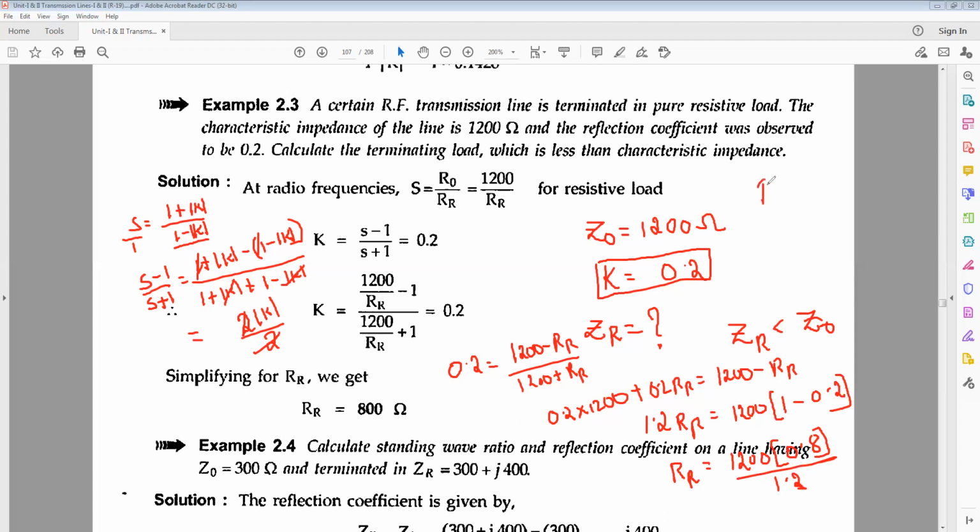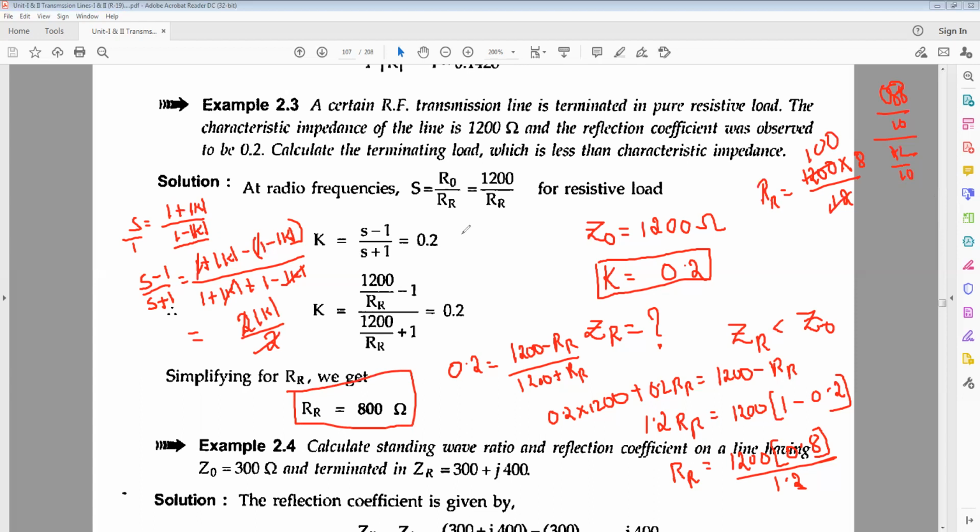You can write this as RR is equal to 1200 into 8 whole divided by 12. So it's 8 by 10 and 12 by 10, nothing but 0.8 by 1.2. So 12 here is 100, R is equal to 800. We got RR is equal to 800.